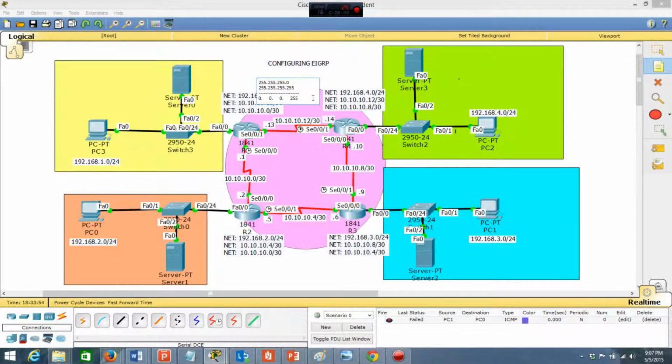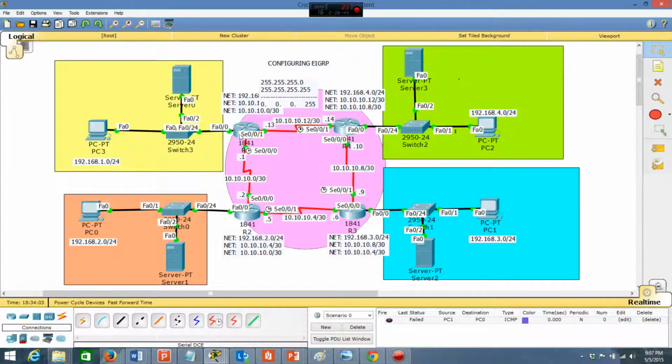The same goes for /29, 28, 27, 26, 25, 24, and all the way down the line to /8. Alright, so for /24, our wildcard mask is going to be 0.0.0.255.